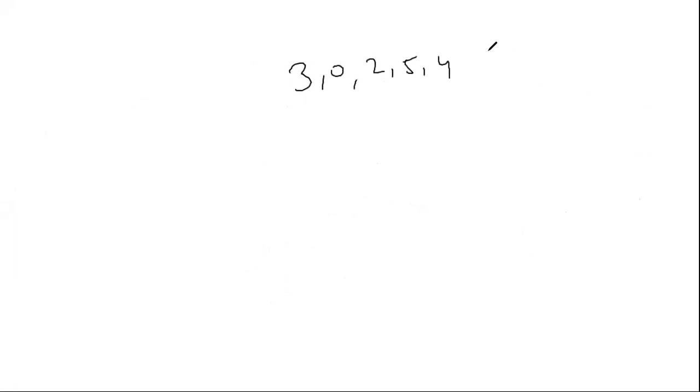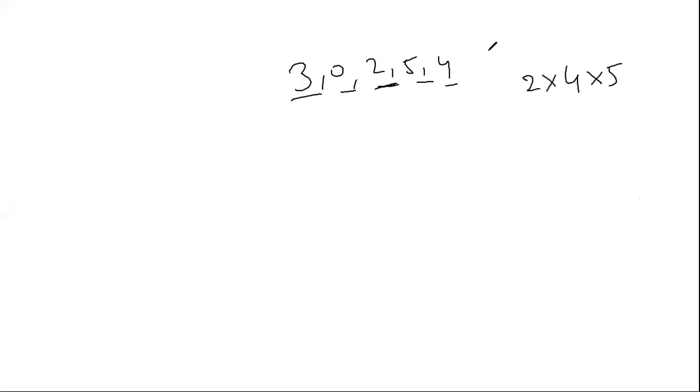30254 was our example. What was proposed was that if somebody asks me for the last two elements, then 4 into 5 is my answer. If the last three elements, then we are doing 2 into 4 into 5.